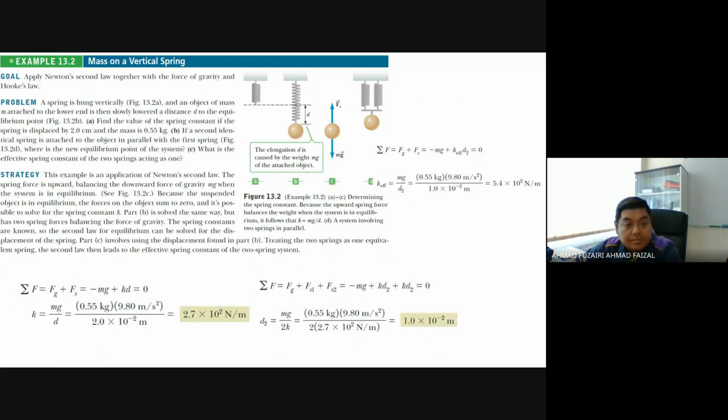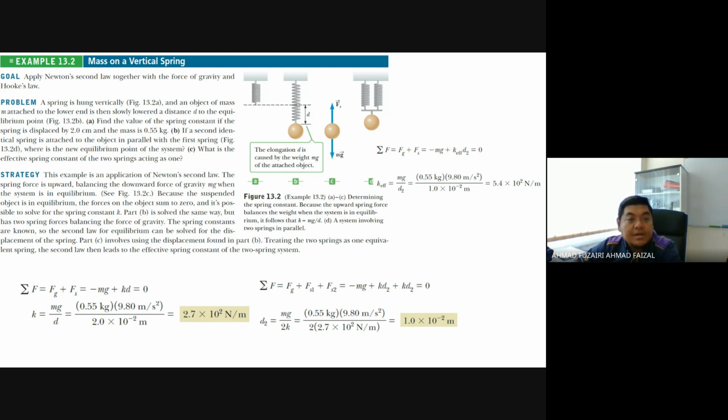A spring is hung vertically, with an object of mass m attached to the lower end, and is then slowly lowered a distance d to the equilibrium point. That means the spring is hung, the object of mass is attached, and the lower end is slowly lowered a distance d to some equilibrium position.